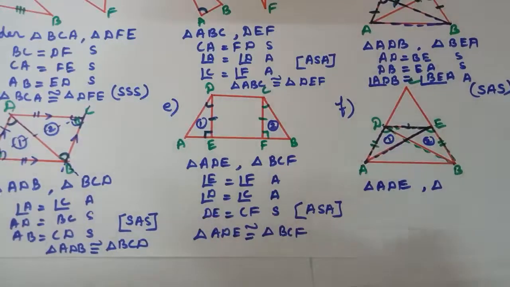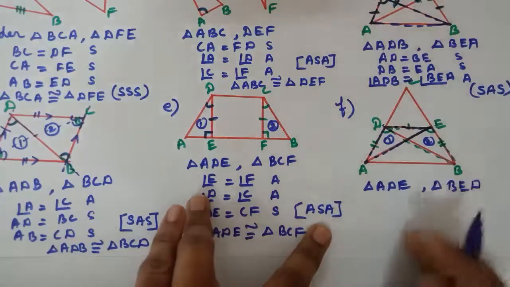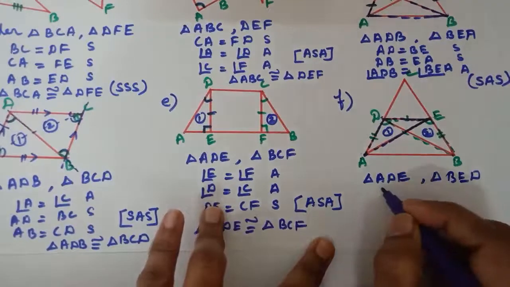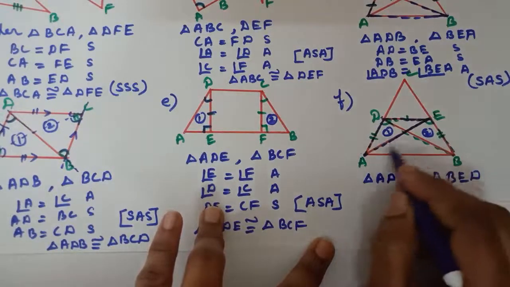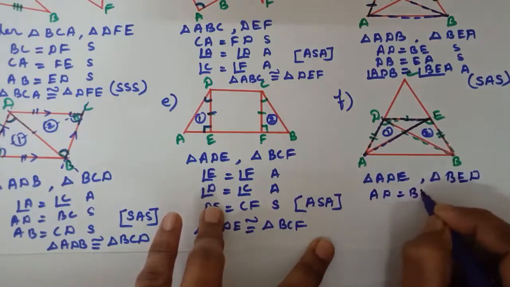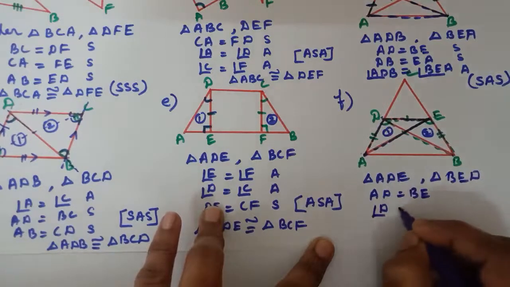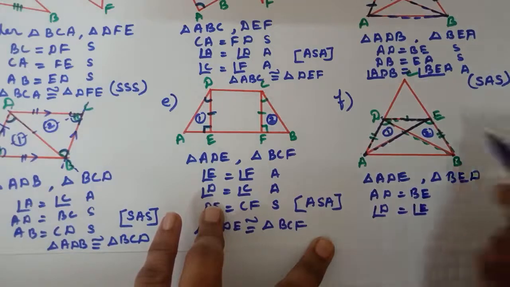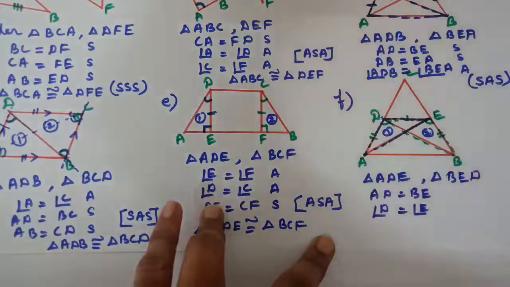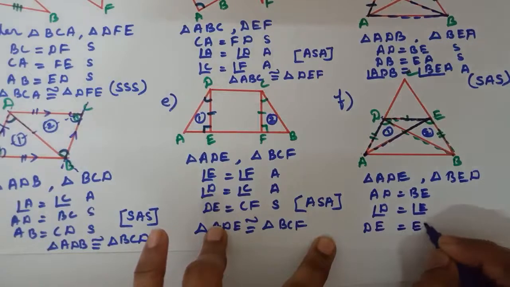So triangle BED. You just compare these two triangles. We can say AD equal to BE because given. Then angle D equal to angle E. Then at last DE equal to ED, common side.